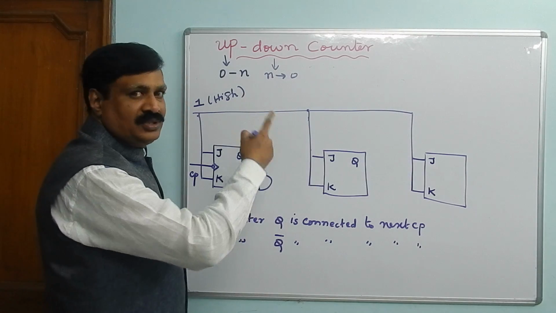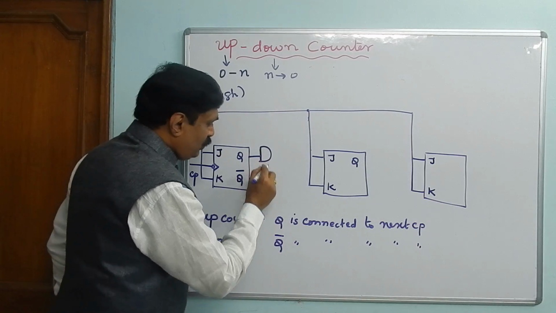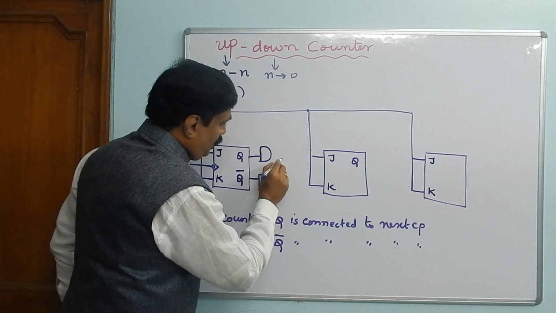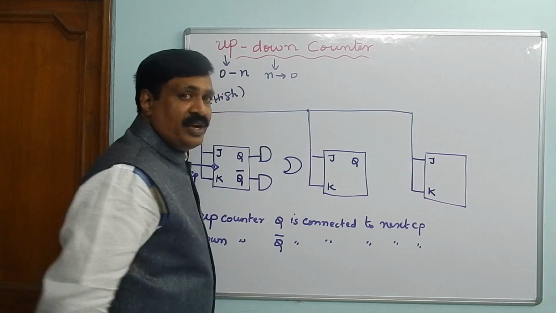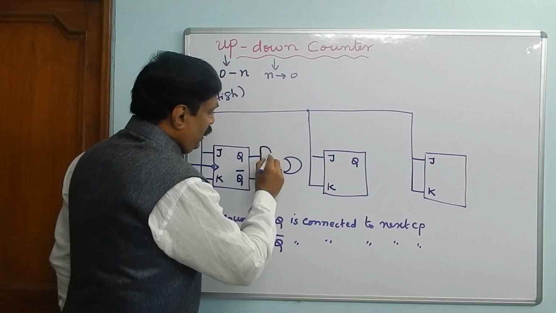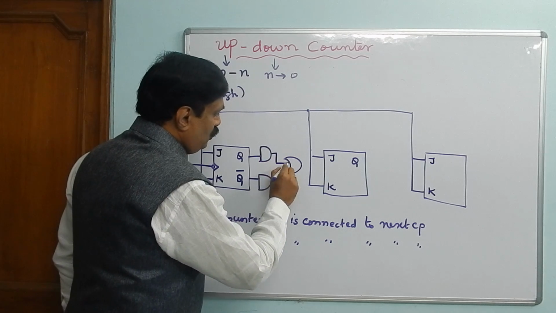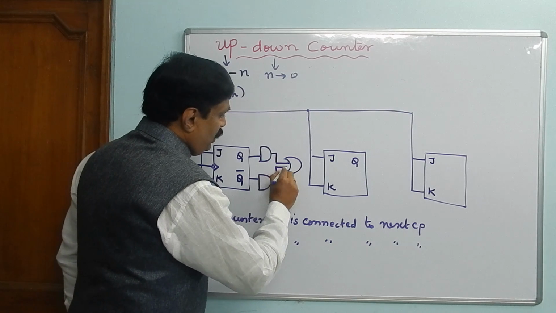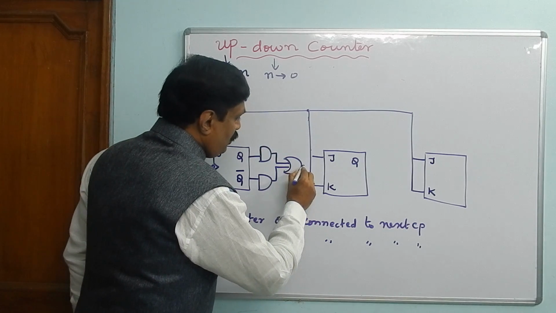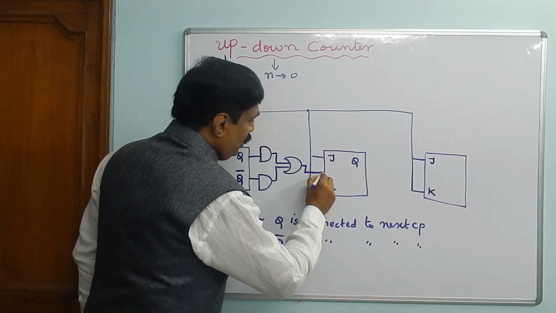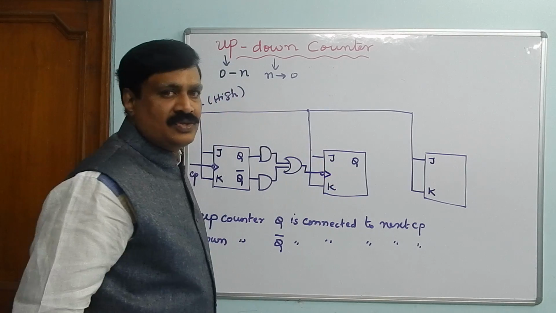Now, since it is up-down, both are required. Therefore Q and Q bar are connected to the AND gates, and one OR gate is required. Connect this AND gate to the OR gate, and this AND gate to the OR gate, and this OR gate should go to the next clock pulse.